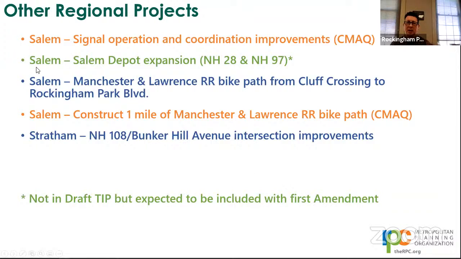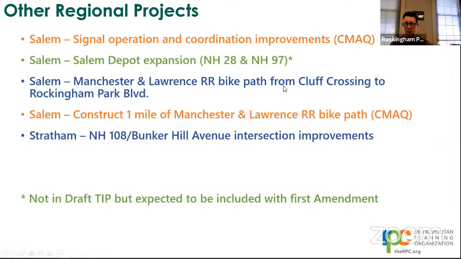In Salem, there's a signal operation and coordination improvement project that was funded via the CMAQ program, and also extension of their bike path along the abandoned rail line there. That was also funded through CMAQ. I've highlighted this Salem Depot expansion in green. My understanding is this dropped out of the TIP, but it still should be in there.